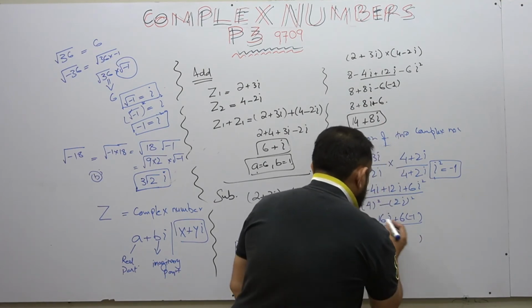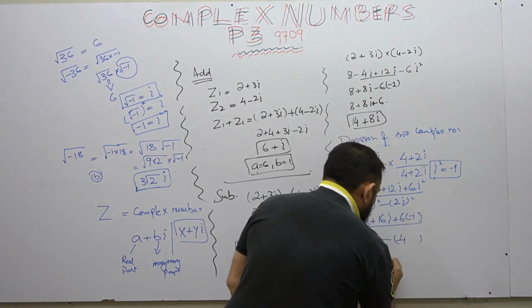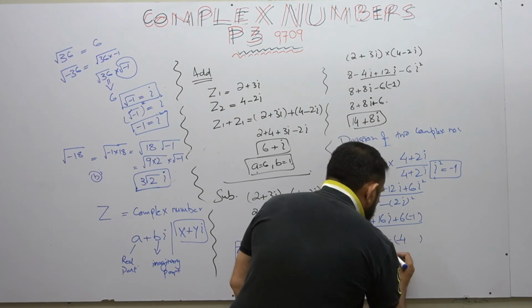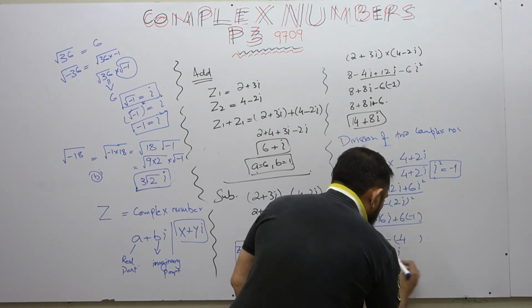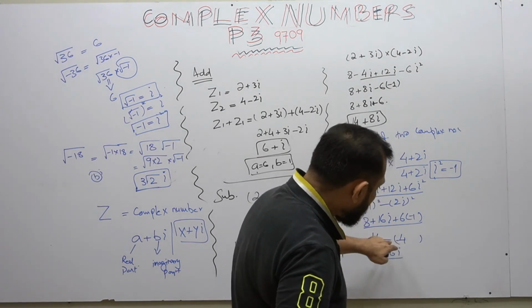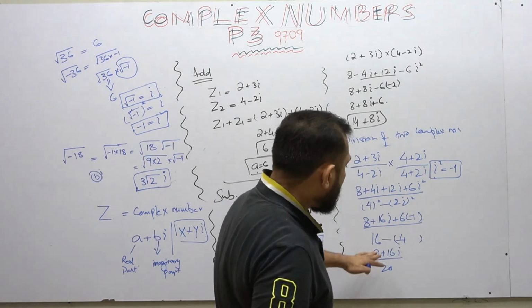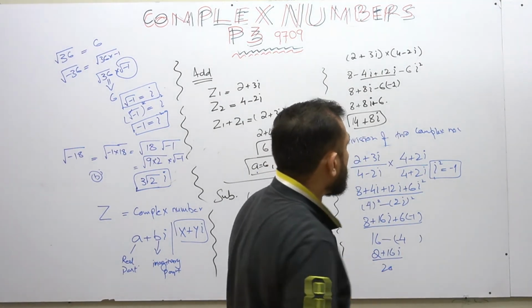In the next step, this is minus 6 now. So 8 minus 6 is 2, and then 16i, and what about the denominator? Minus gets plus, and 16 plus 4 is 20. So we have 20 as denominator.